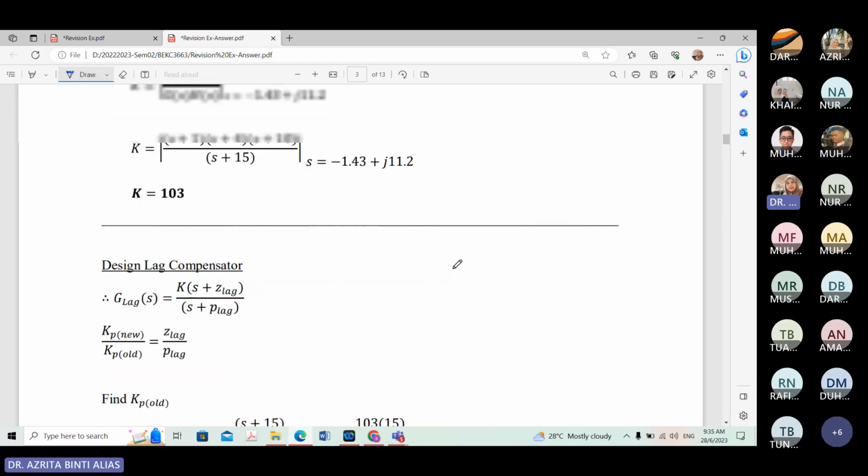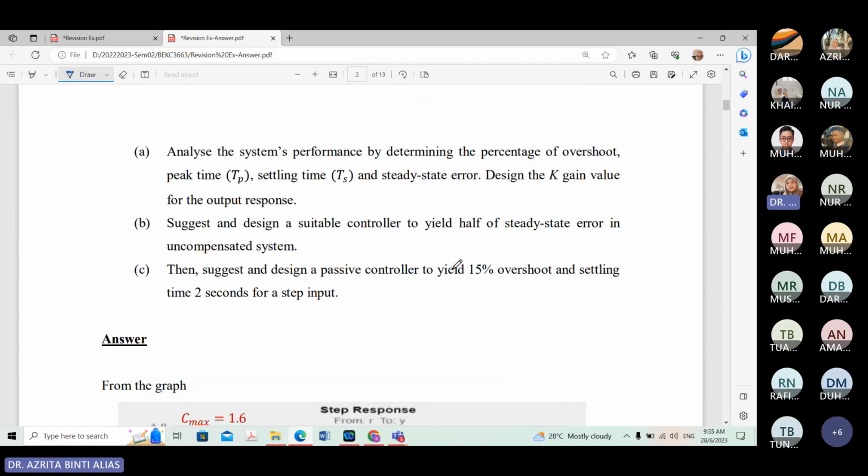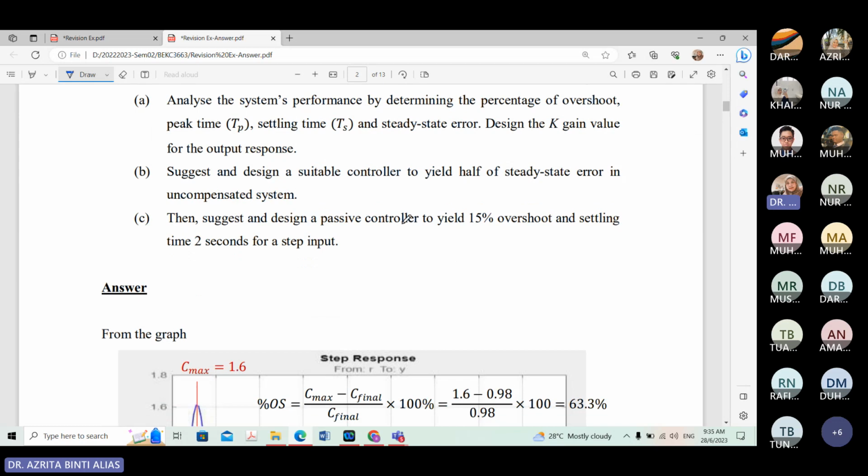Okay, first we look at the question. The question says to yield 15% overshoot and settling time 2 seconds.